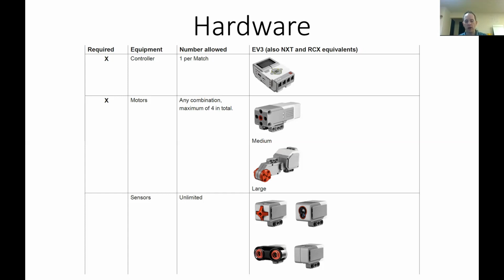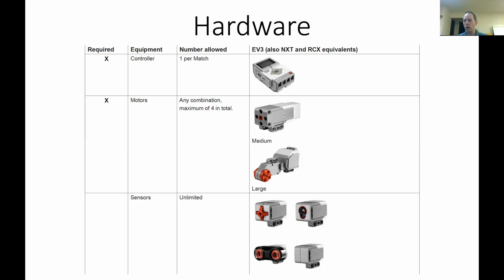The motors, you're allowed to use 4 motors, and that's not 4 motors at one time. You're only allowed to have 4 motors that you bring with you to the table. There are only 4 ports on the brick, so that's not usually a big limitation. But this does mean that if your team is thinking about, oh, we want to put the motor in the attachment and plug and unplug it from the brick, that's fine, but you can't end up with a total of 5 motors or 6 that you bring to the table.